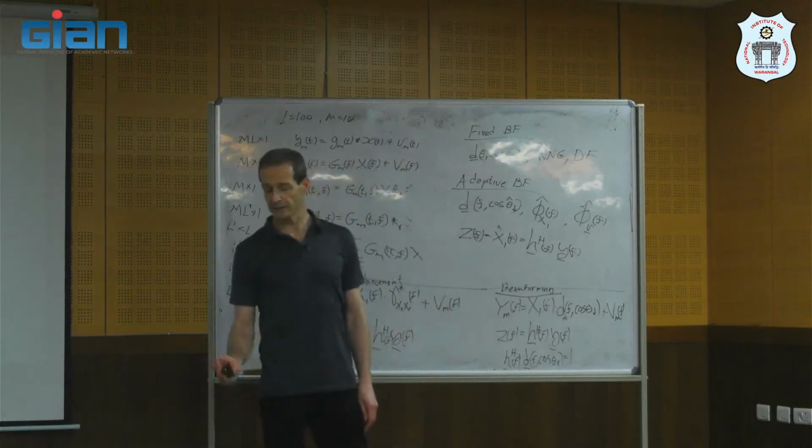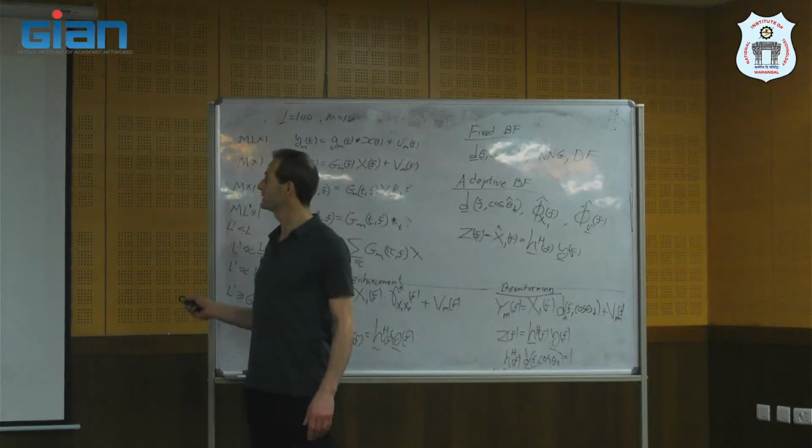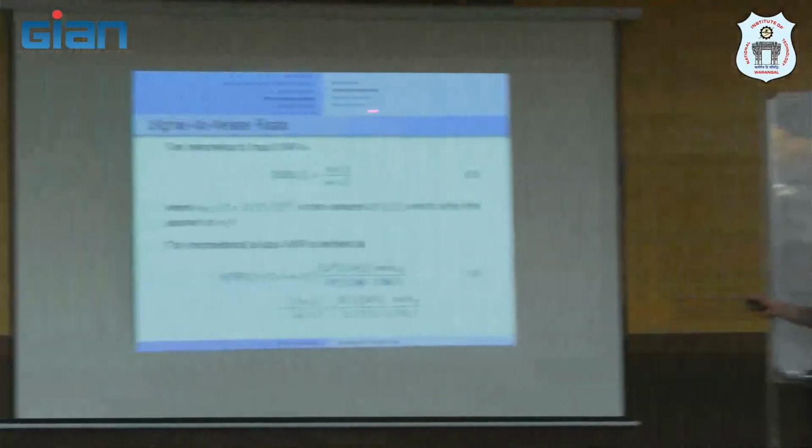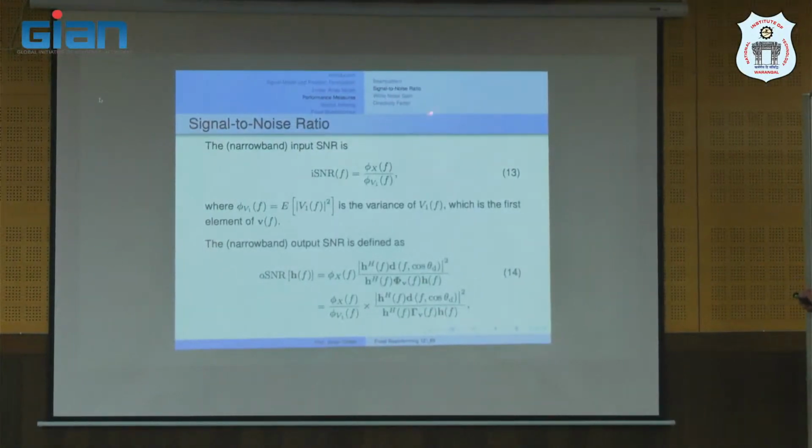Regarding the noise, we assume a certain noise. We can assume either the noise is white or the noise is diffused. If the noise is white, the gain is called the white noise gain. If the noise is diffused, the array gain is called the directivity factor.